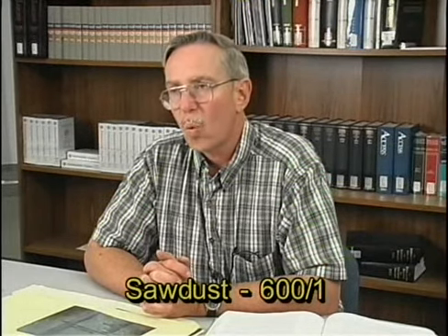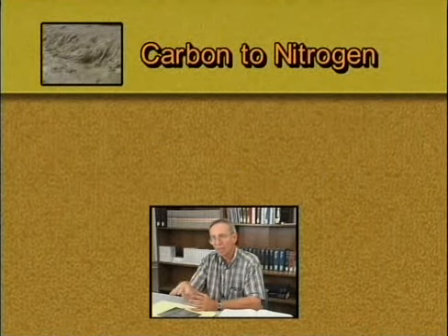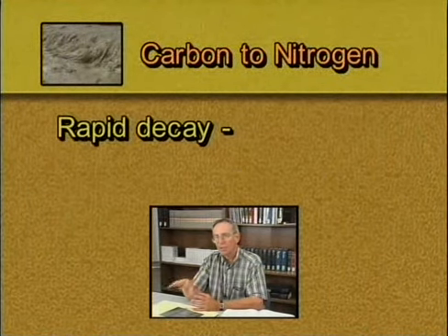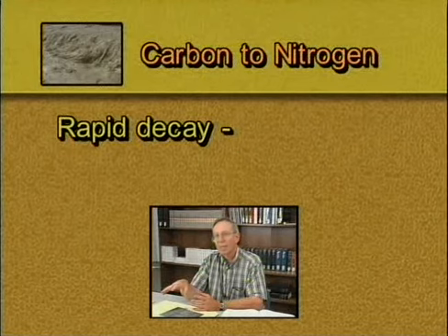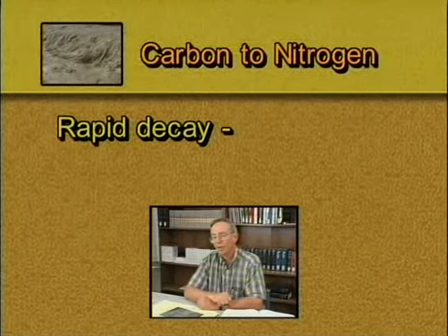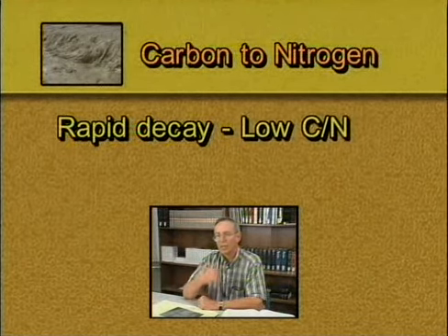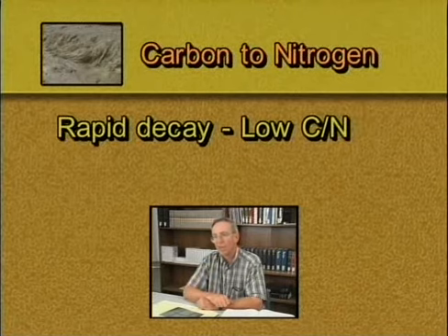Well, why does this matter? There are situations where we would maybe want a high carbon to nitrogen ratio, and then there are situations where we'd want a low carbon to nitrogen ratio. If you're putting a residue into the soil and you want it broken down very quickly to serve as a source of nutrients to a subsequent crop, then you would want a material with a very low carbon to nitrogen ratio because it's going to release those mineralized ions very quickly when placed into the soil.